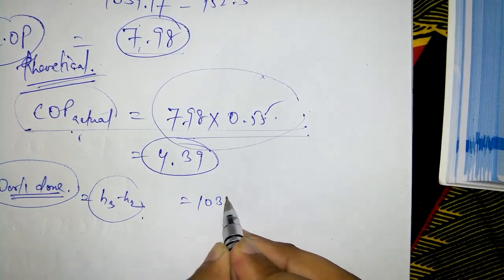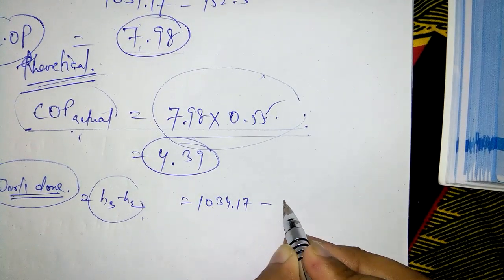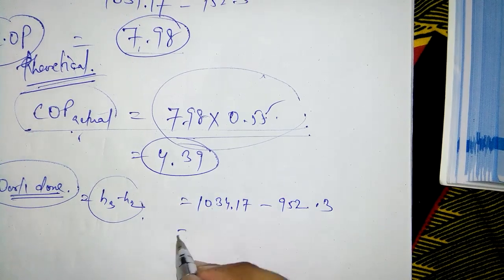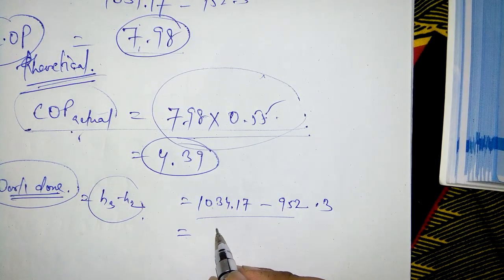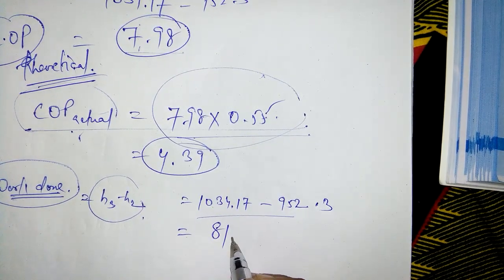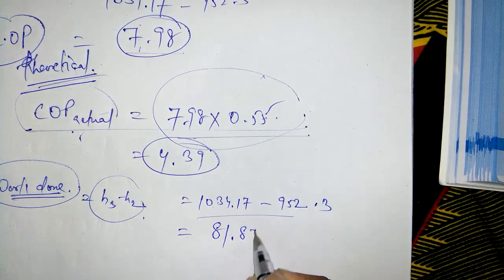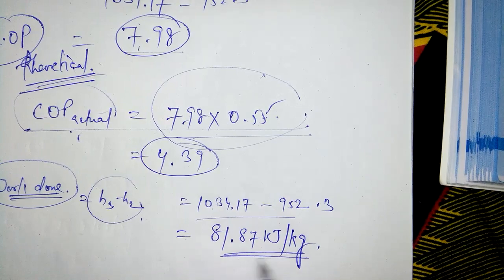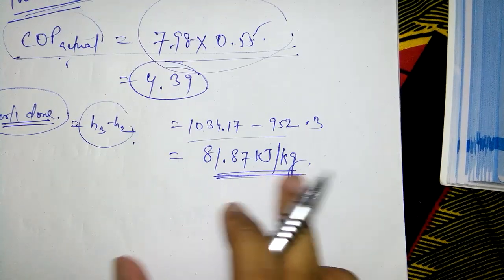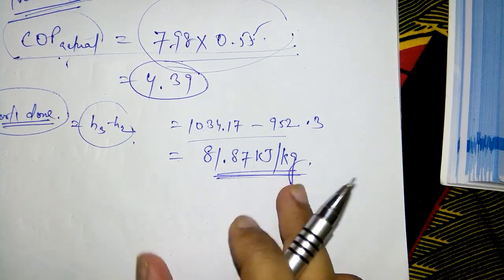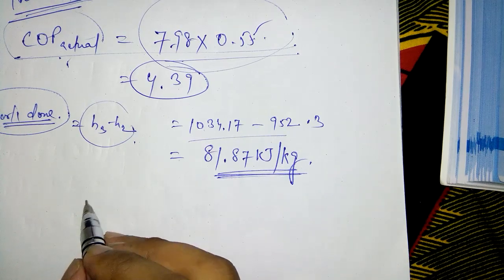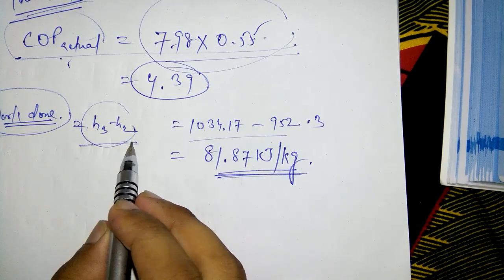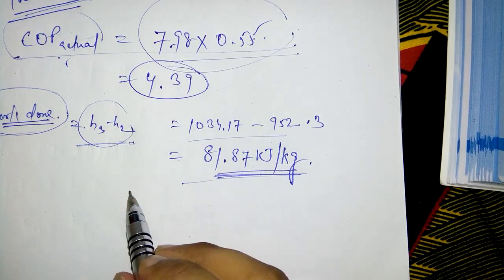It is 1034.17 minus H2, 952.3. So the result is 81.87 kilojoule per kg. This is the work done, in kilojoule per kg.